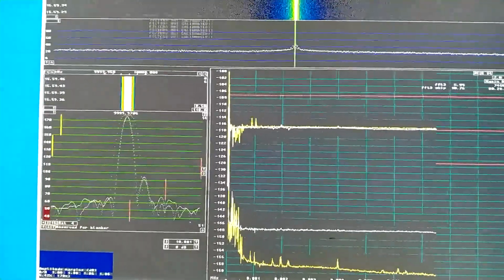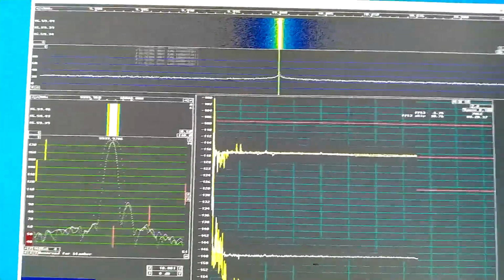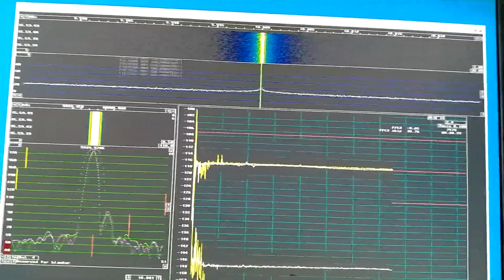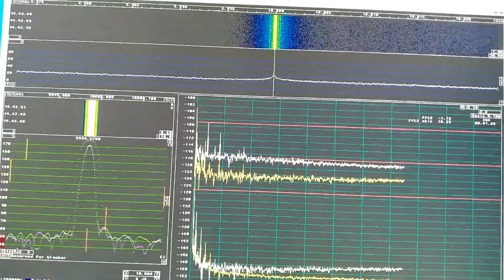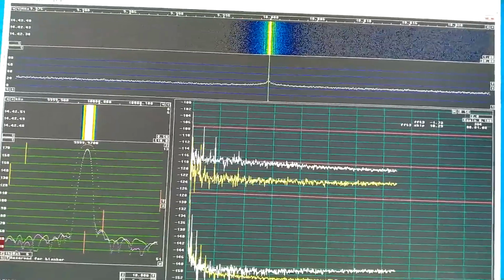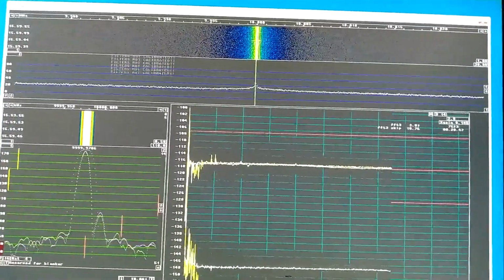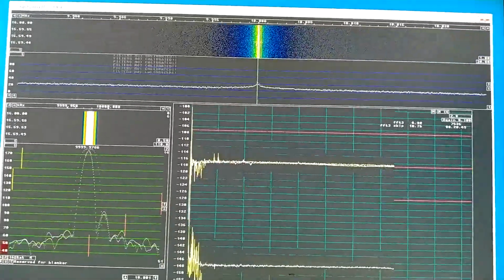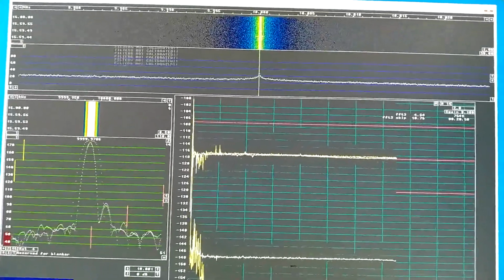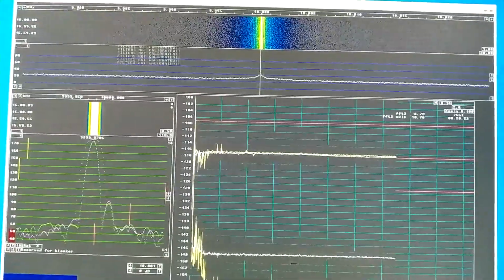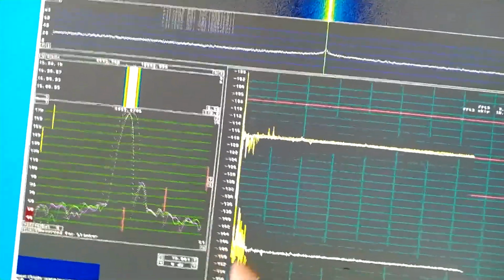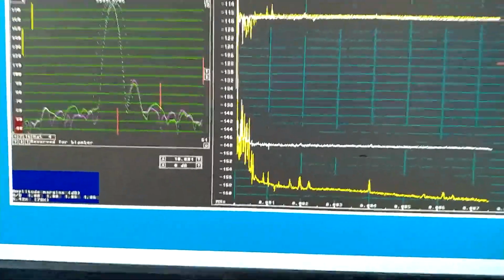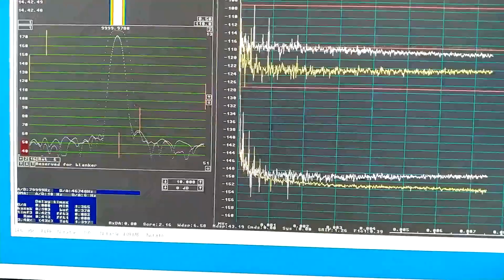Before, without the limiter and filters, this is what I had. So compare this with this. AM noise is not degraded significantly anymore. And in particular, if you look here at very low frequencies, this is what I have now.